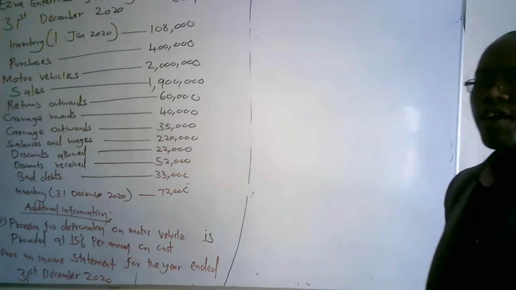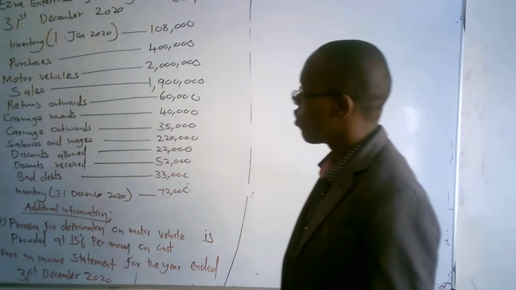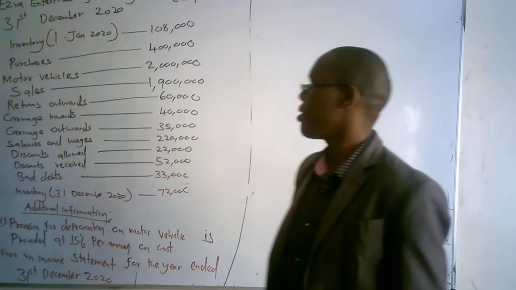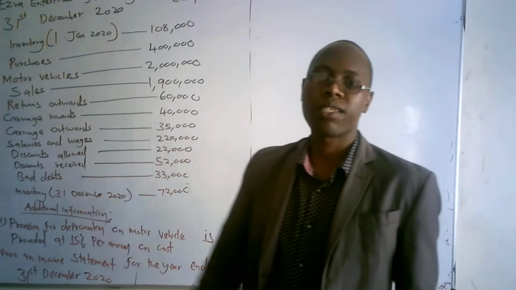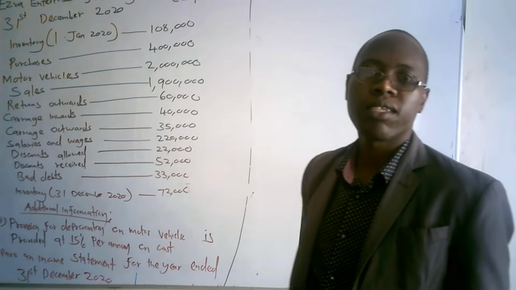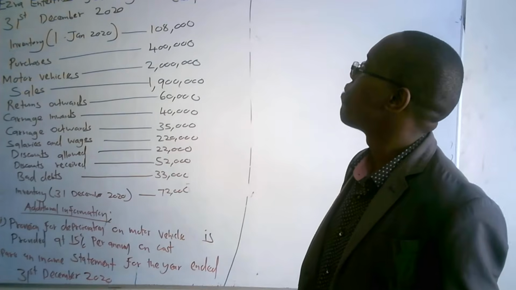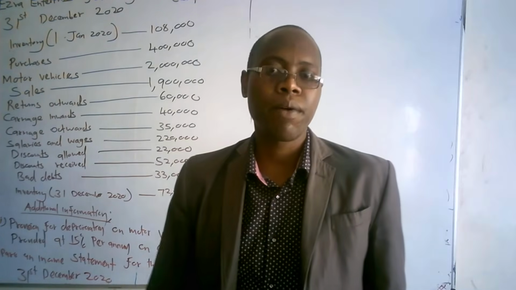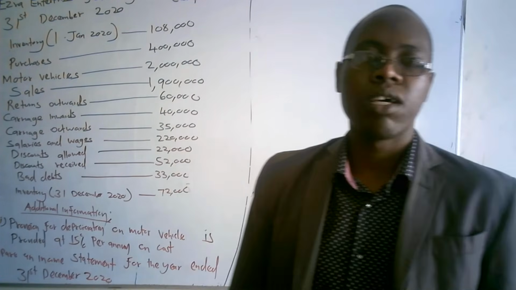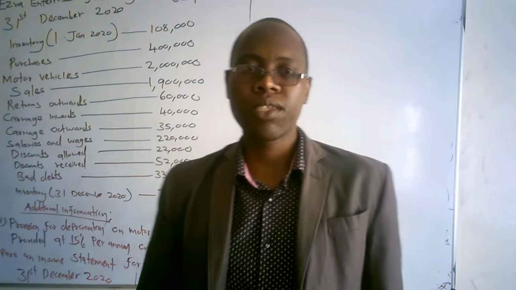So we have the question, and they are saying that the following information relates to Ezra Enterprises for the year ended 31st December 2020. So it's all about Ezra Enterprises.